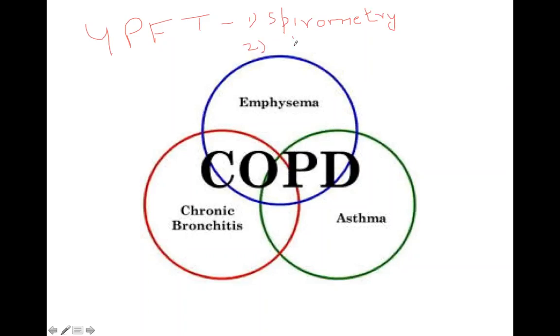Second, we have diffusion capacity. Then flow volume loops, I will come to that later, and last we have lung volumes.